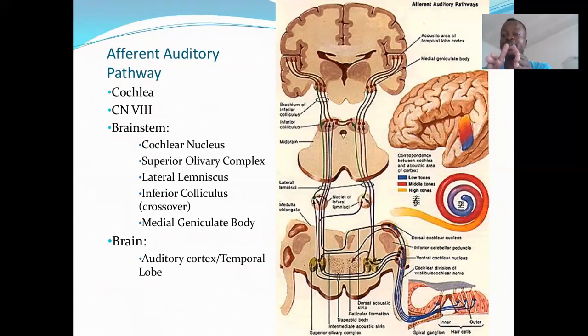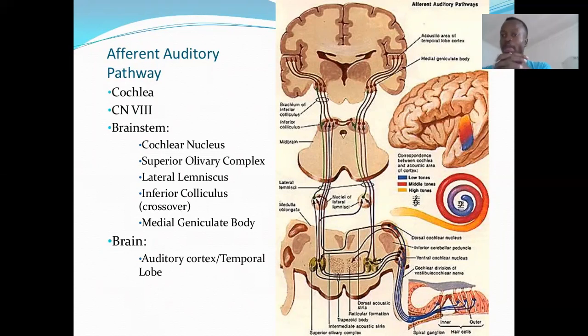And this depolarization is then going to result in further opening of voltage gated calcium channels that are then going to cause more depolarization, and the end result will be release of an excitatory neurotransmitter that is going to be glutamate, right?